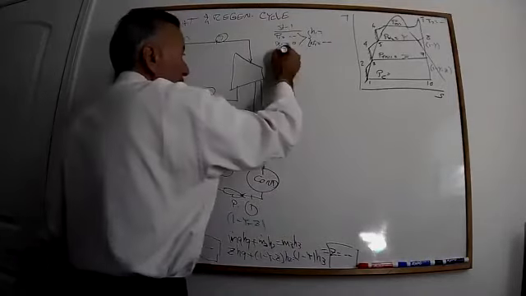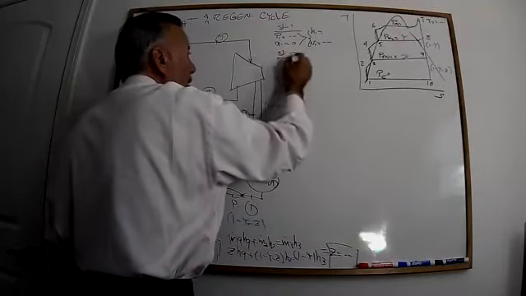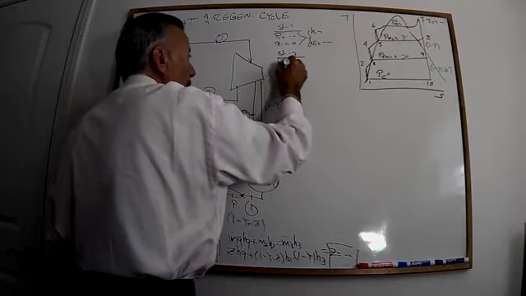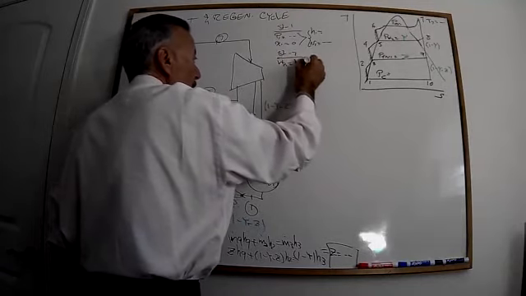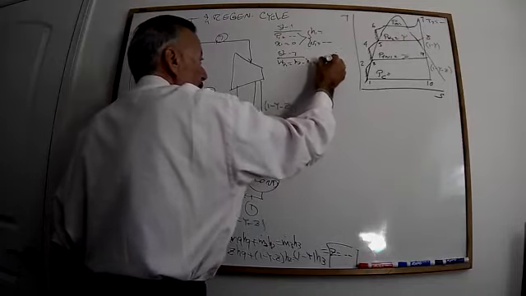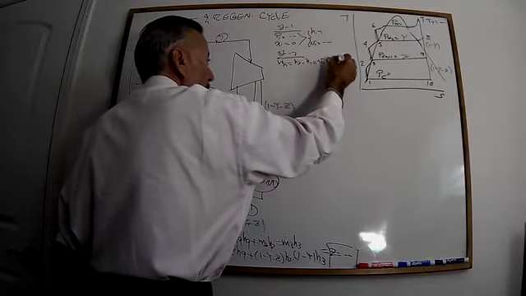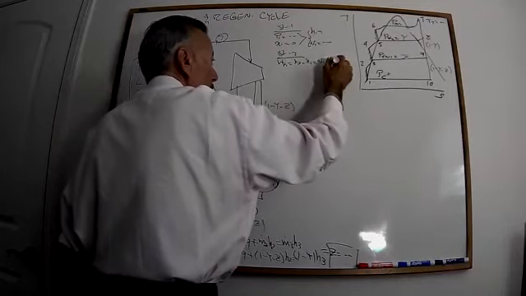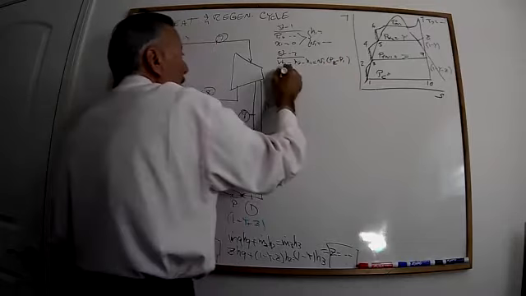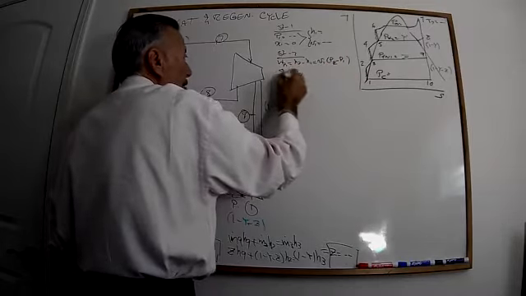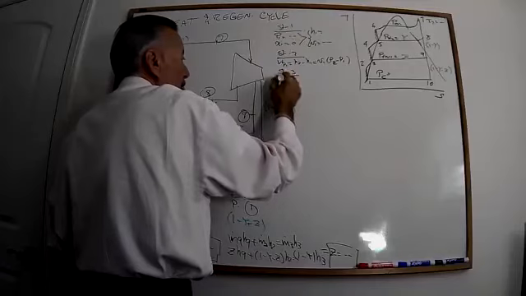So here at state 2, it's work of pump 1, H2 minus H1, or V1 times P2 minus P1. And state 3, you're repeating that.